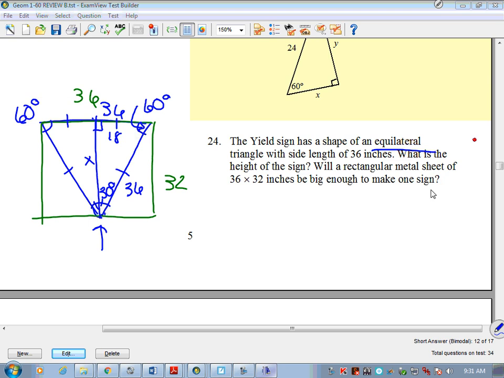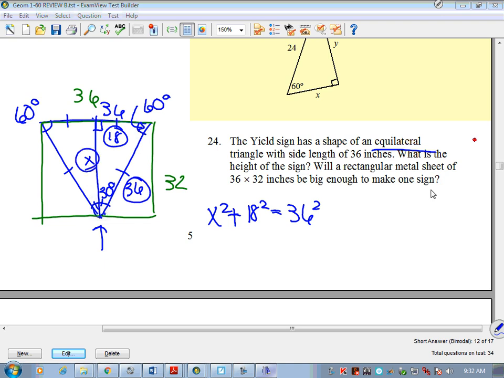So you got a couple of different things you could do here. You could do x squared plus 18 squared equals 36 squared and solve for x, and that would certainly do it. But in a 30, 60, 90 triangle, like what we saw in question number 23, it goes x, 2x, x radical 3.